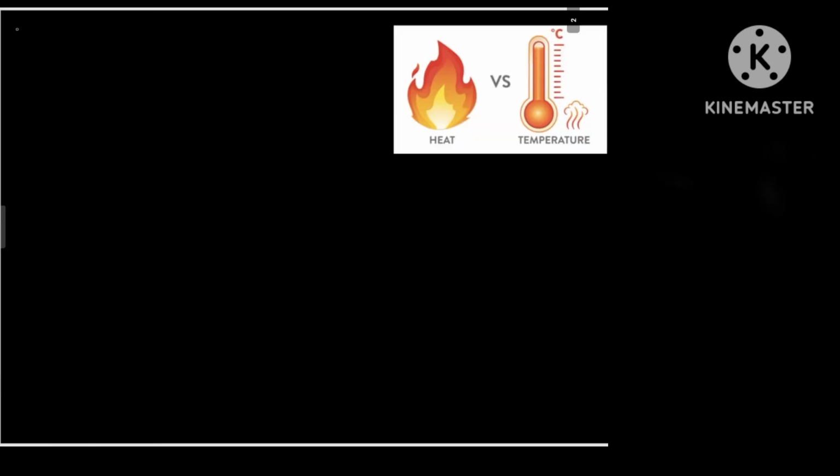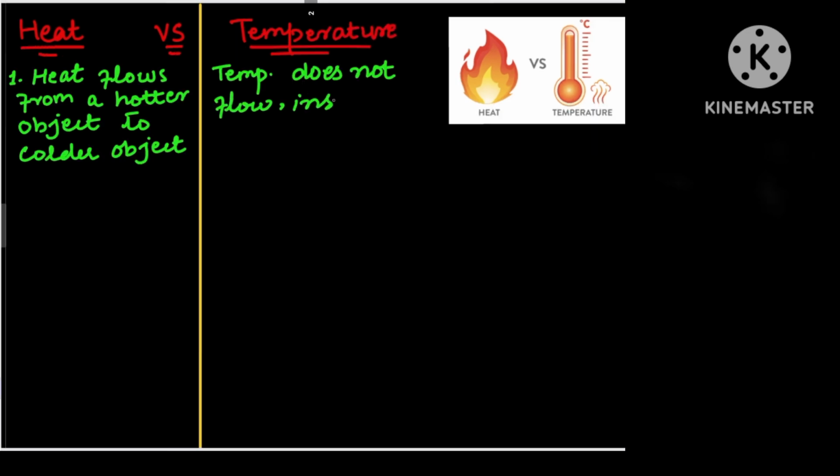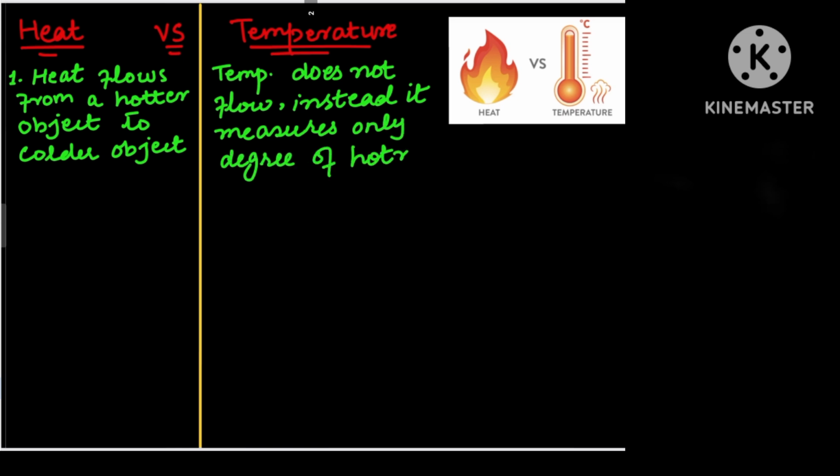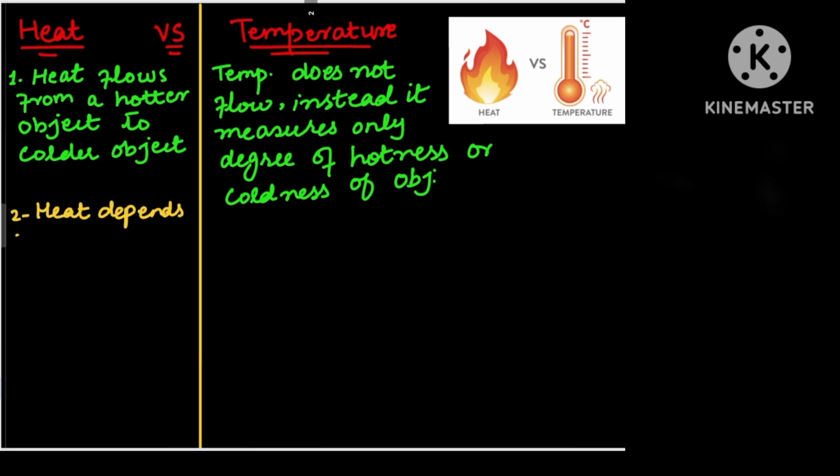What is the key difference between heat and temperature? Heat flows from a hotter object to the colder object, whereas temperature does not flow. Instead, it only measures the degree of hotness or coldness. Heat depends on the amount of substance, that's mass.